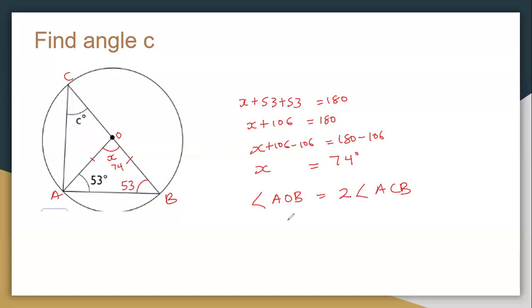So our AOB is 74, so 2ACB is equal to 74. So we divide by 2. Then it gives us 37. So angle C is 37 degrees. Thank you so much, Favor.